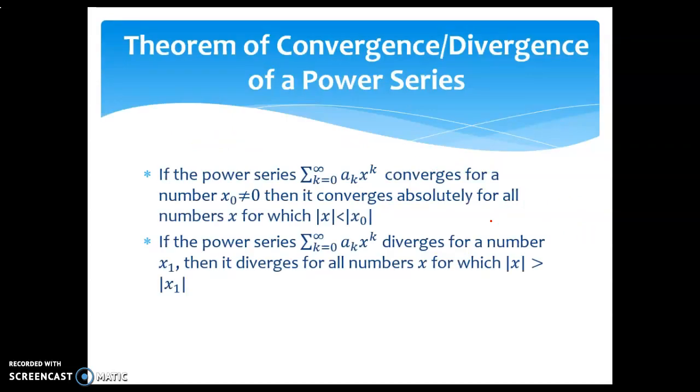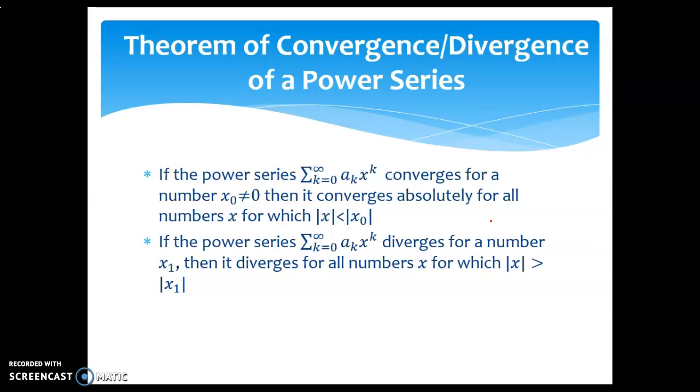Okay, so the theorem of convergence and divergence of a power series. If a power series, which is the summation from k equal to 0 up to infinity of a of k, x raised to the power of k, converges for a number x0 not equal to 0, then it converges absolutely for all numbers x for which the absolute value of x is less than the absolute value of x0.